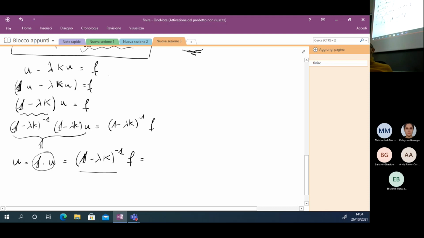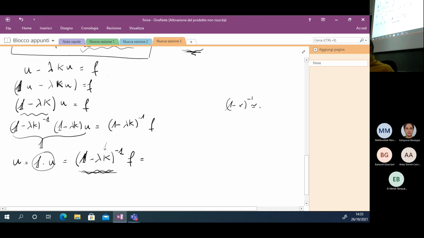Now what you do is, the inverse of this operator is just a formal expression that you can rewrite using Taylor expansion. So basically, this operator here is in reality the Taylor expansion with respect to this operator, and you can rewrite this. How do you write this thing if x is a small parameter?